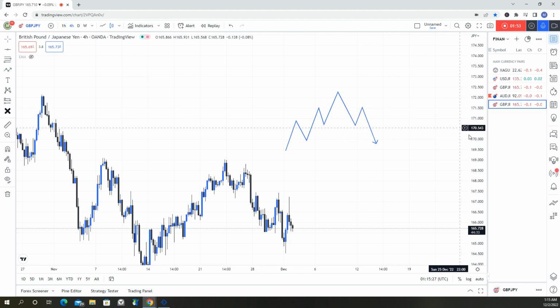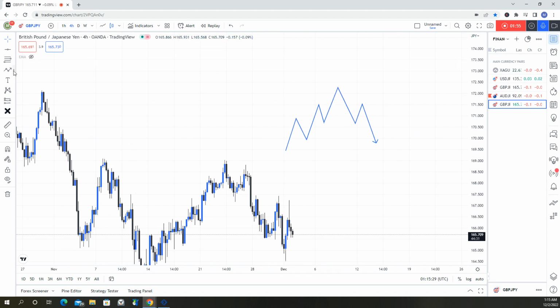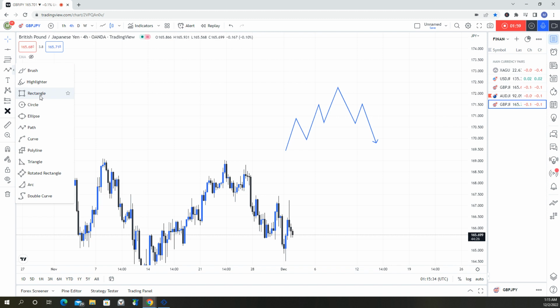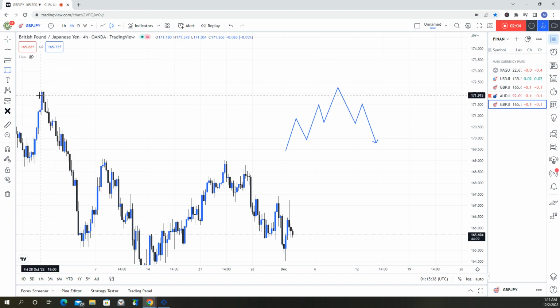There are so many traders who mark up and identify the levels within this trend in different ways. But personally, I ignore all small levels and I jump to the big levels.